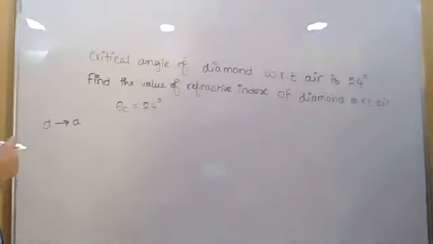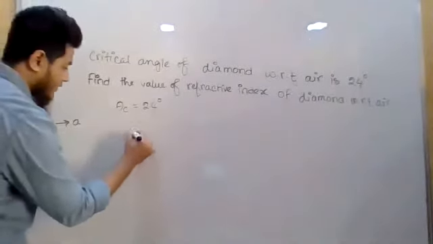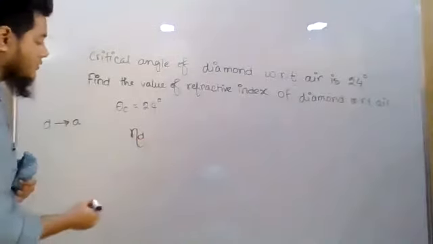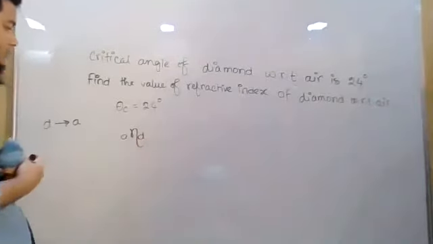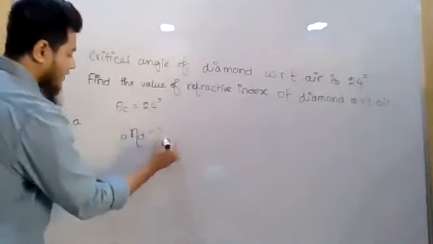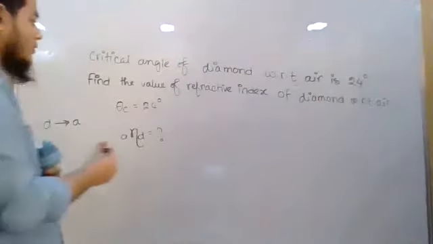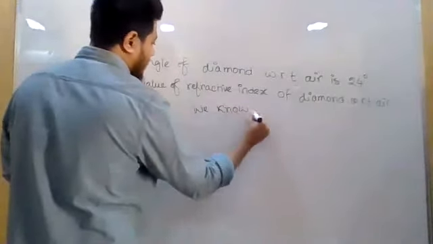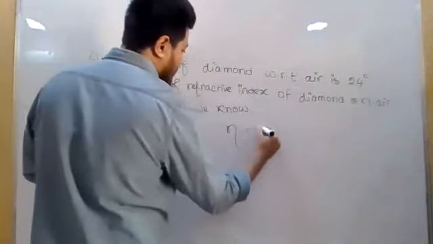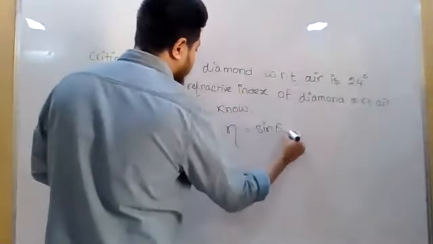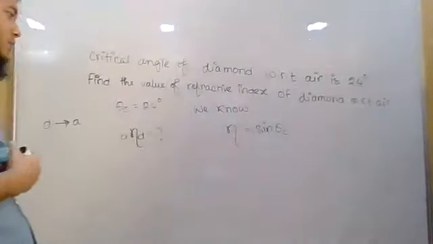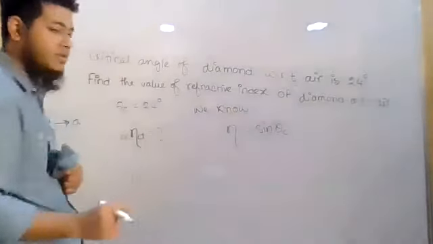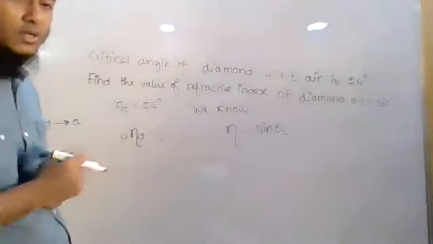Now find the value of refractive index, okay, refractive index of what? Of diamond with respect to air. So air will be here, okay, so we have to find this one. Now what we know is eta is equal to sine theta C, but we have to be careful because whenever we are talking about critical angle, the light ray must pass from denser to rarer medium.